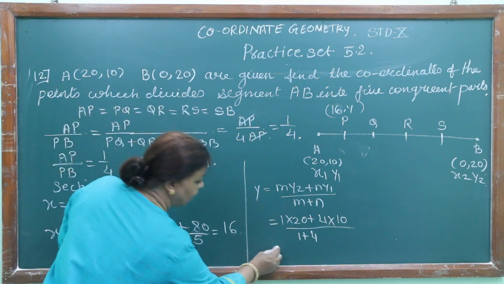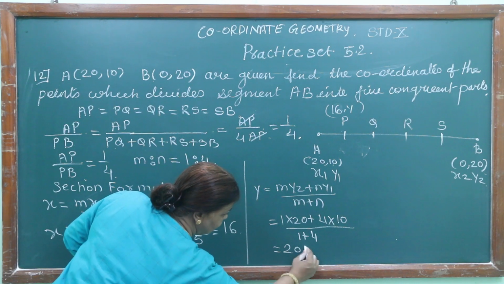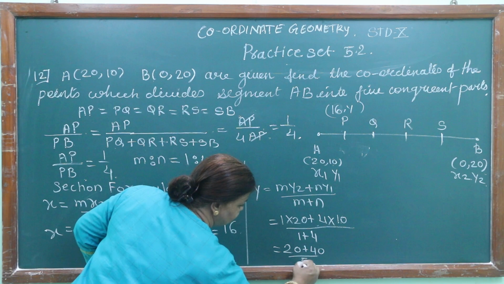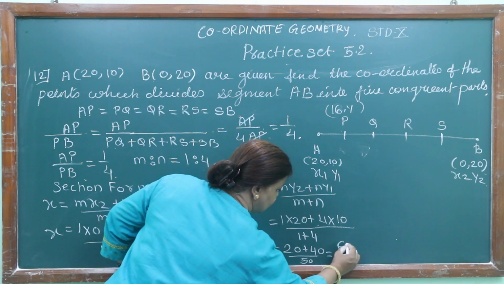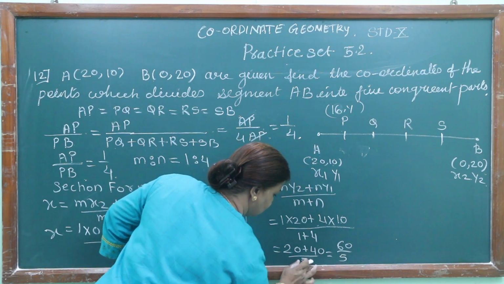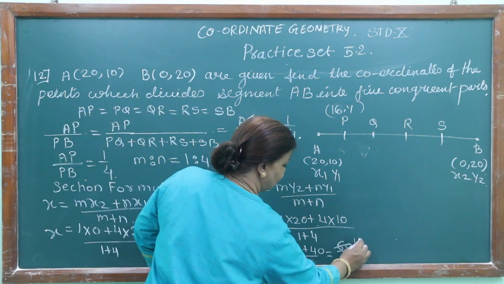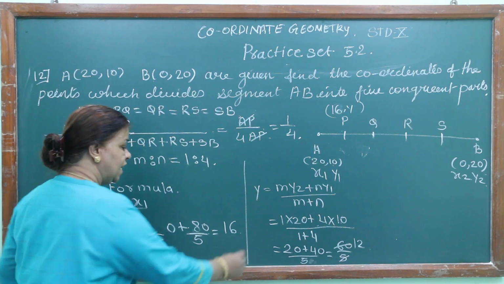So what I am getting? 20 plus 4 tens are 40, upon 5, that is 60 upon 5, and if I divide, 5 twos are 10, so y coordinate I get 12.